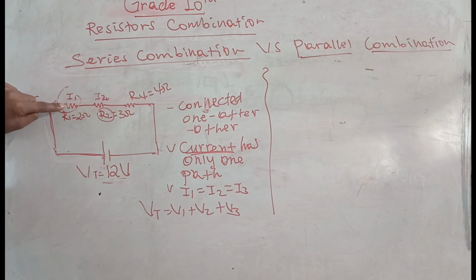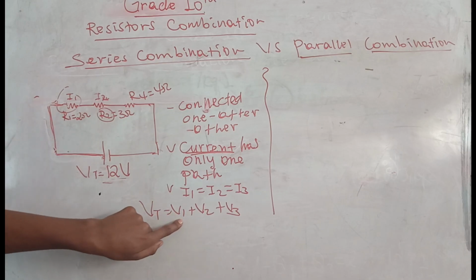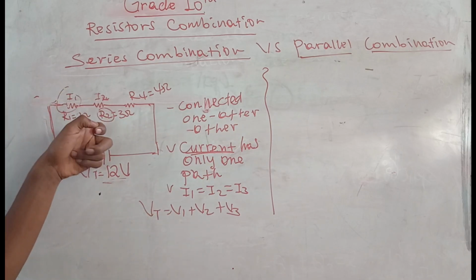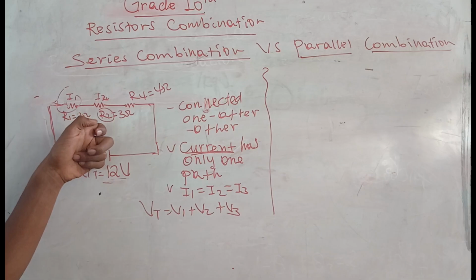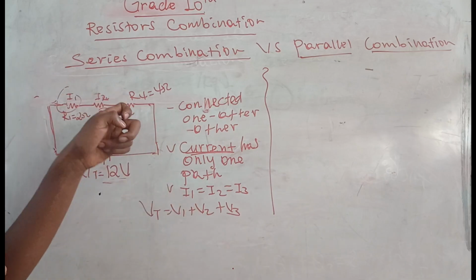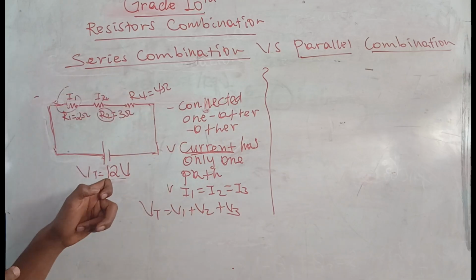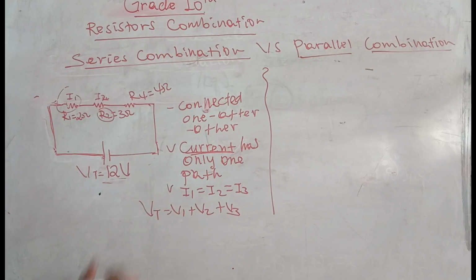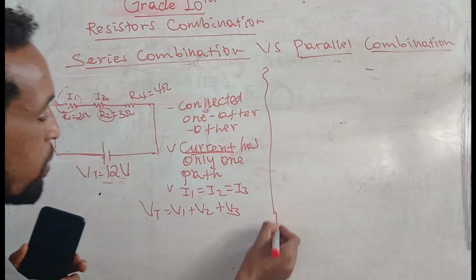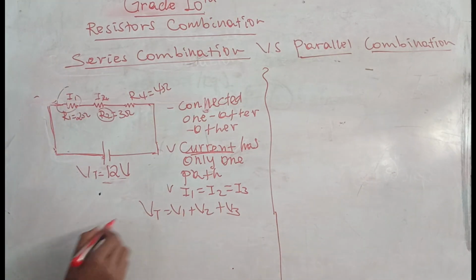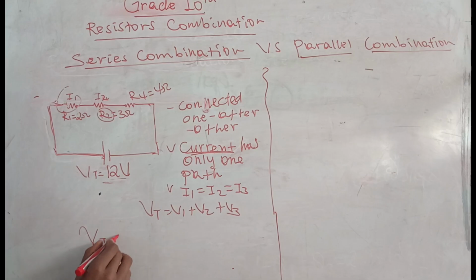Since there is resistance, or dissipation of energy, some voltage is dropped, which is V1. Again, here certain energy is dropped, that is V2 and V3. So the total is 12 volts. Now let's write V total is equal to V1 plus V2 plus V3.